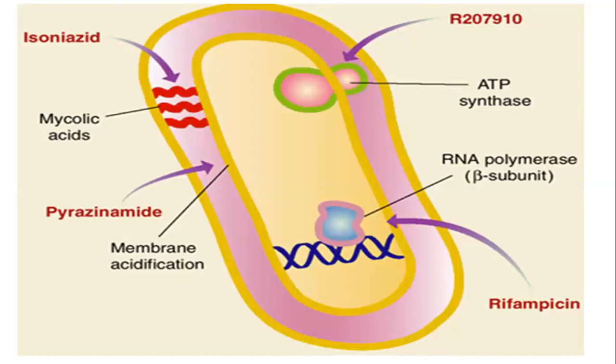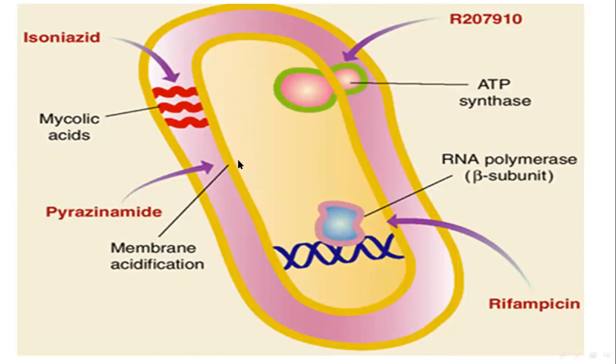In this figure, it shows the site of action of first-line agents. Isoniazid acts on mycolic acid and causes destruction in the cell wall.